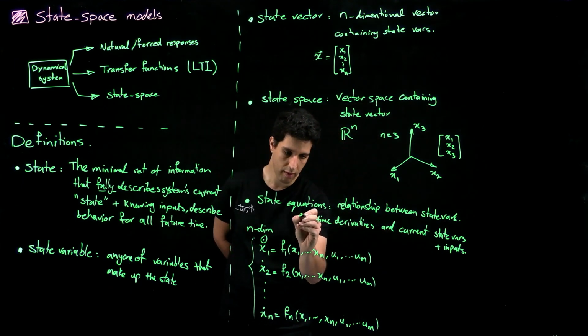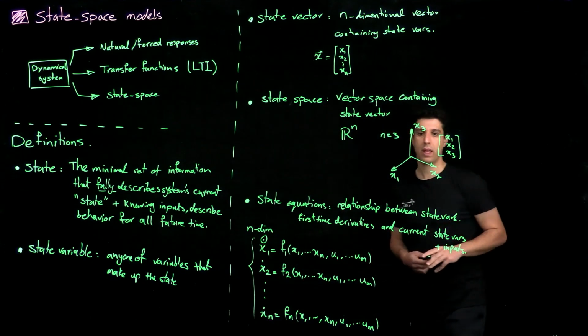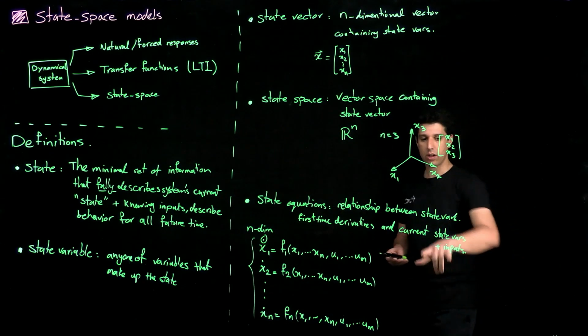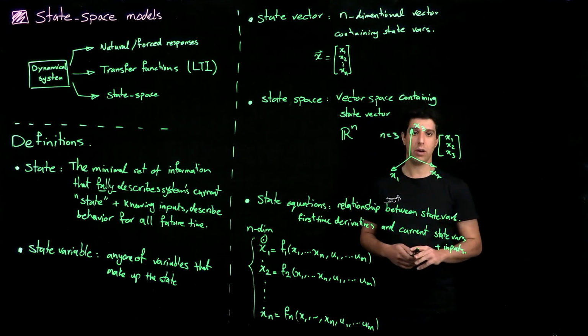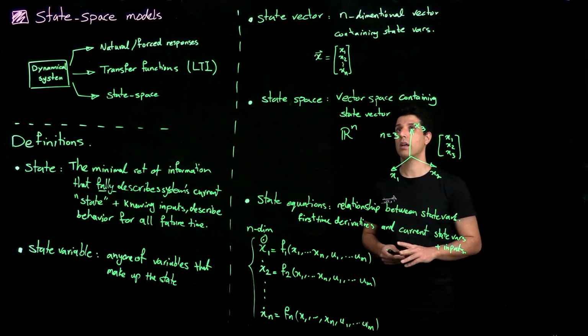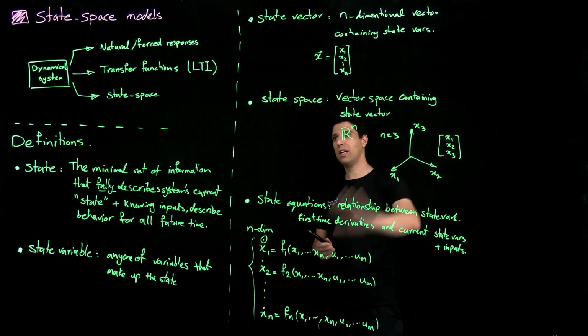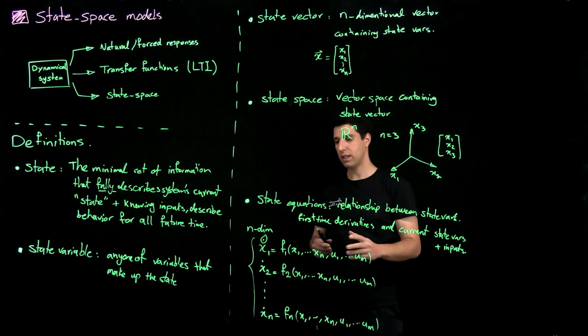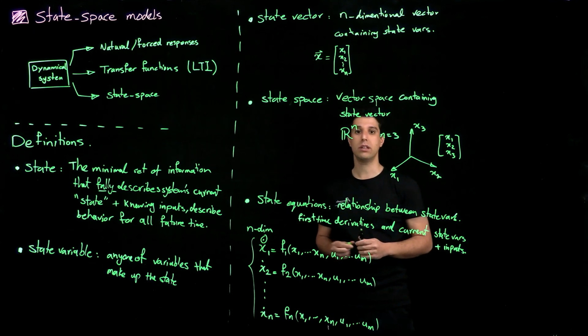First time derivative and the current states and inputs. Okay, I'm running out of space. Let me clean up the board and pick up one example, and then we can continue.